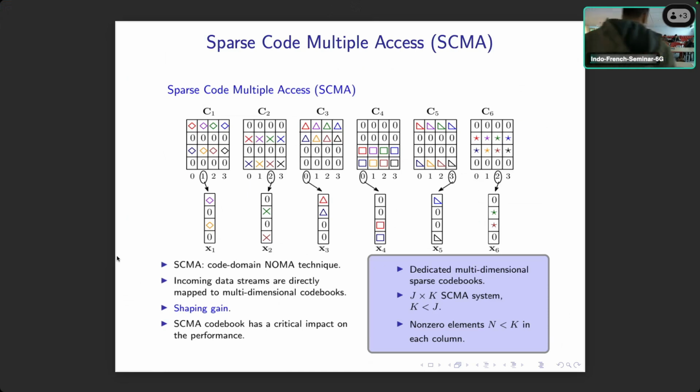Unlike QPSK, which is a complex scalar, here these are complex vector code words. At the same time, these are sparse; you can see that the number of non-zero entries is only 2. This gives a lot of shaping to the code book system, and because of the sparsity, we can have a low complexity detector.